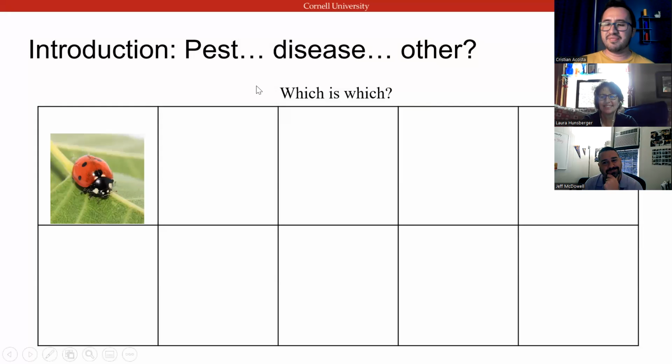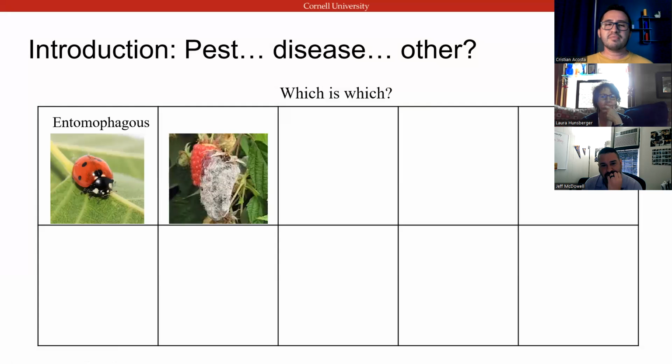So in this case, it's not a pest, it's not creating a disease. This is entomophagous. Every time we see a word like this, what does it mean? Entomo is everything related to insects, and phagous means eats. So this one eats another insect, which is actually good for our crops.